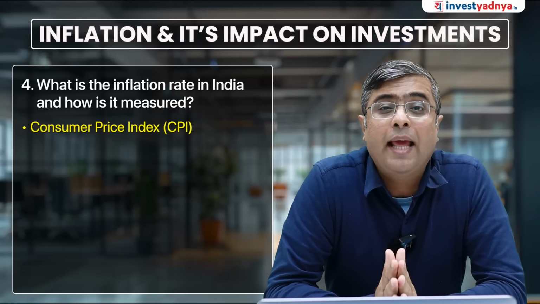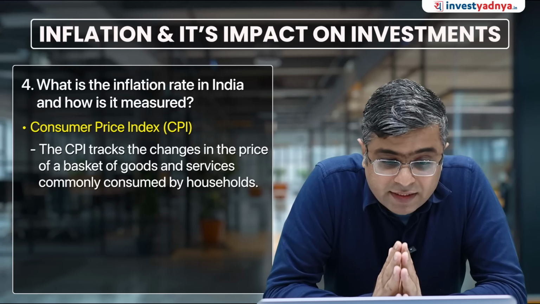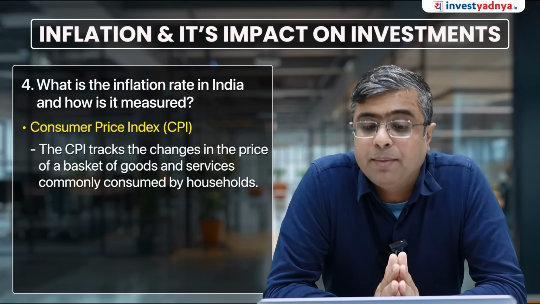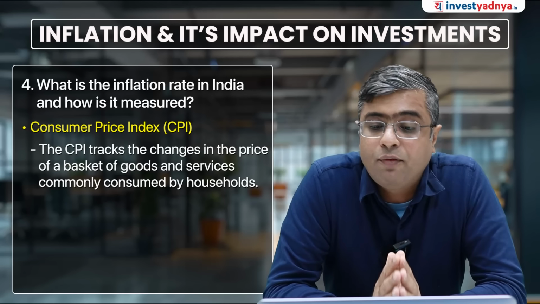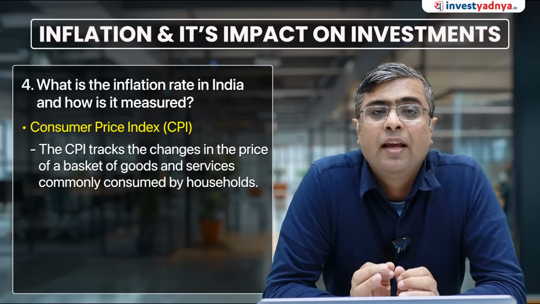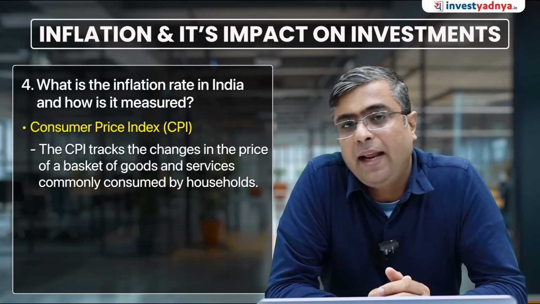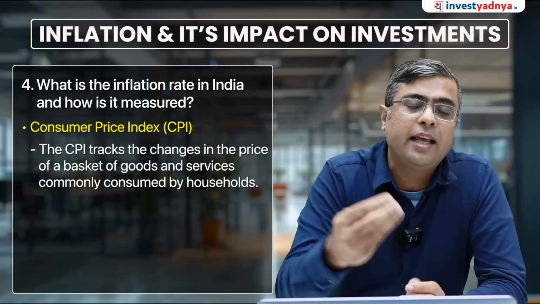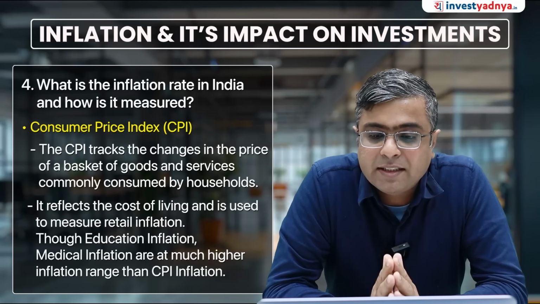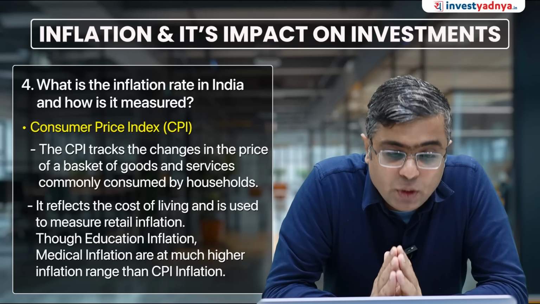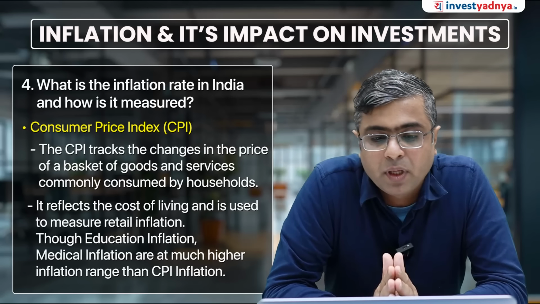Normally it is called retail inflation. The CPI tracks the changes in the prices of a basket of goods and services commonly consumed by households, so commonly consumed by retail spenders like you and me. It reflects the cost of living and is used to measure retail inflation.